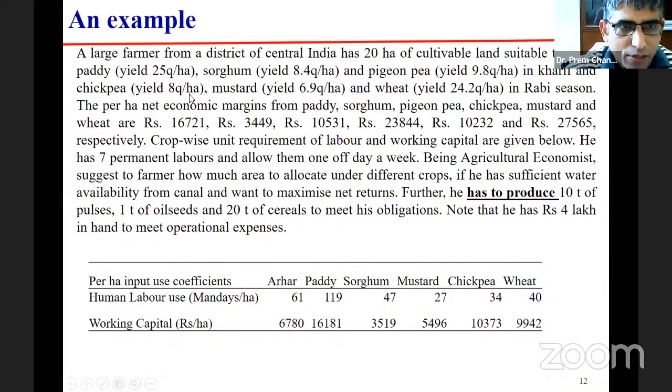And in Rabi, he can grow chickpea with yield 8 quintal, mustard with yield 6.9 quintal, and wheat with yield of 24.2 quintal. So he can grow 6 crops, 3 in Kharif and 3 in Rabi. The per hectare net economic margins from paddy, sorghum, pigeon pea, chickpea, mustard, and wheat are given here.